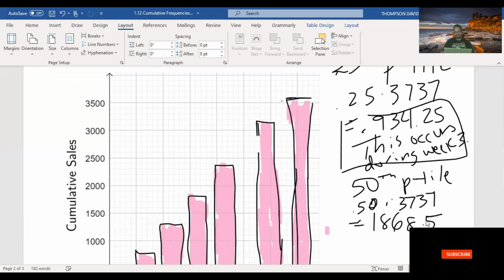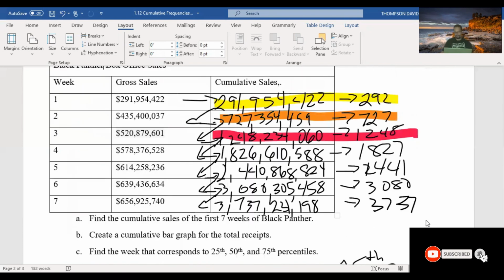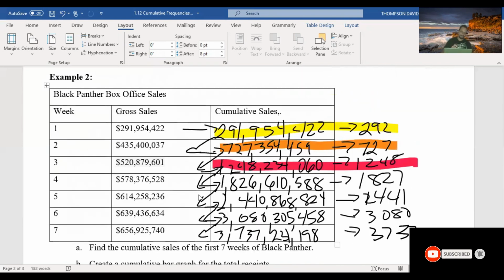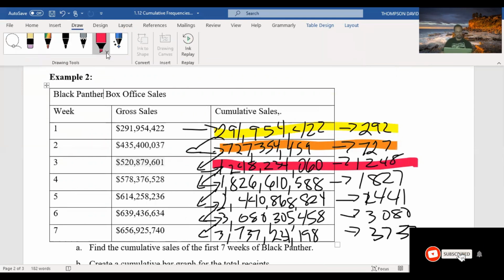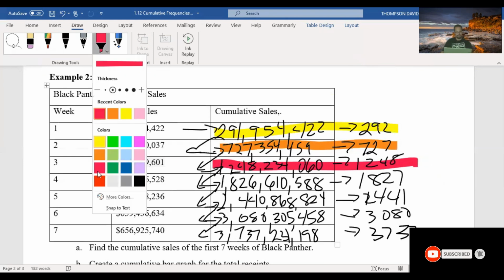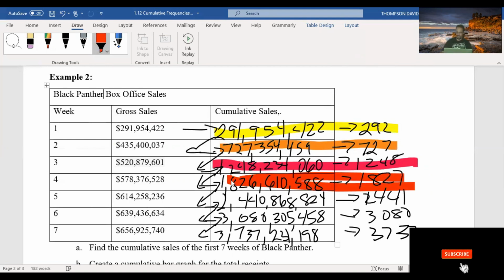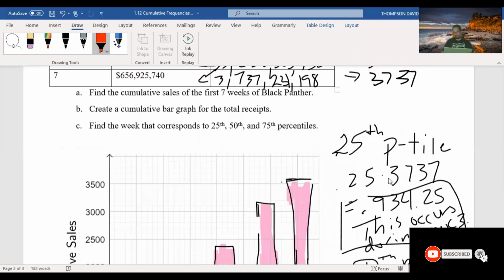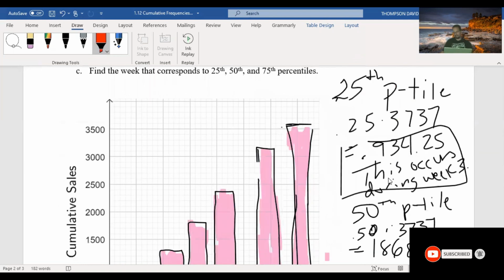So now we're looking for 1,868.5. Just continue highlighting. So you look at the next line, we're at 1,827. Keep in mind we're looking for 1,868.5.